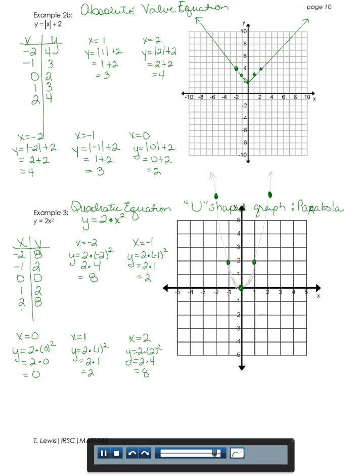All right. So the graph is going to be, I'll do my best here, U-shaped. It's not going to be a V, but a U-shaped graph. It's not the best, but I wanted you to at least see it.